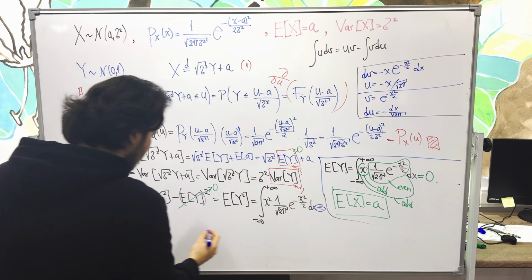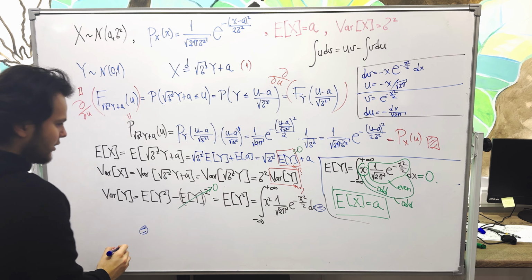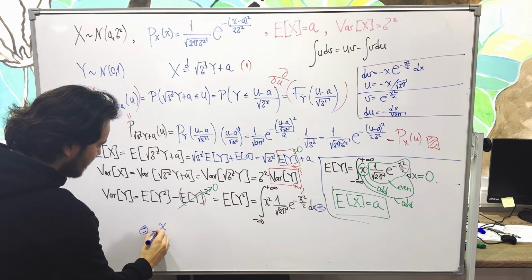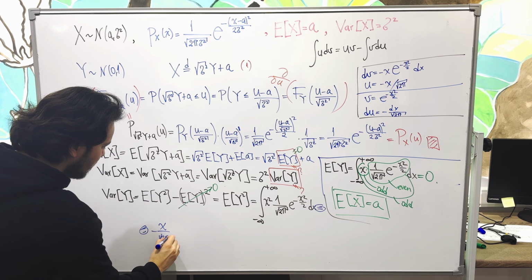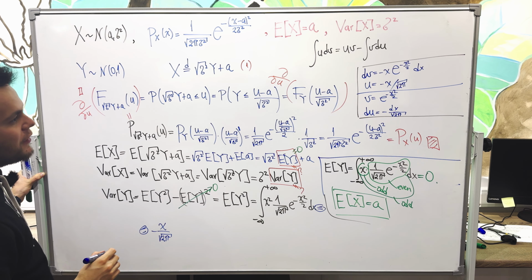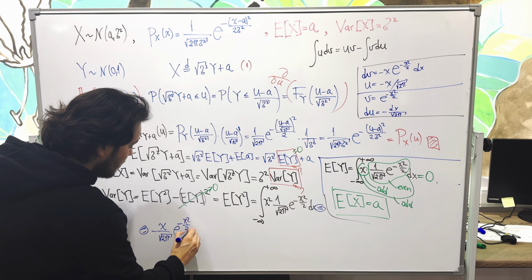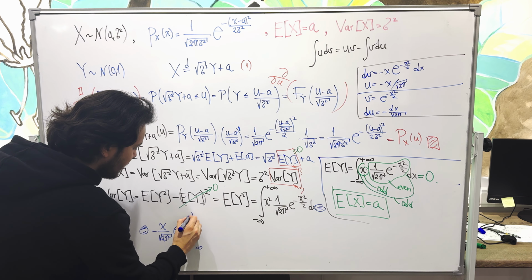So finally, I can replace this using this formula, and I will get the following. This is equal to u times v, so minus x divided by the square root of 2 pi, this is u, times v, which is e to the power minus x squared divided by 2, from minus infinity to plus infinity, okay?